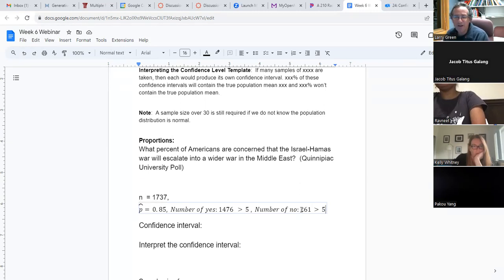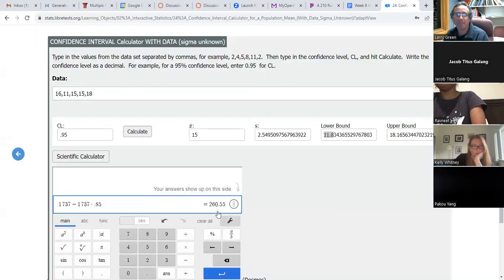All right, so now we want the confidence interval. So here's the thing. Don't use this calculator. This won't work. Why won't this work? Yeah, we don't have numbers. We have a bunch of yeses and nos.